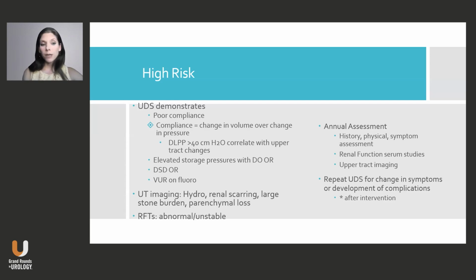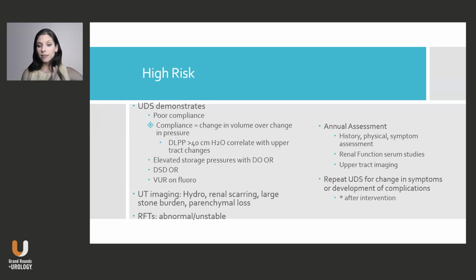That would be a higher risk patient. If they have any type of detrusor sphincter dyssynergia, or if they have vesicoureteral reflux on fluoro, those are going to be your high risk patients. In addition, if any patient, perhaps they don't have those things, but on upper tract imaging they have hydronephrosis, renal scarring, a large stone burden, or parenchymal loss, or if their renal function testing is abnormal or unstable, these are going to be your high-risk patients.